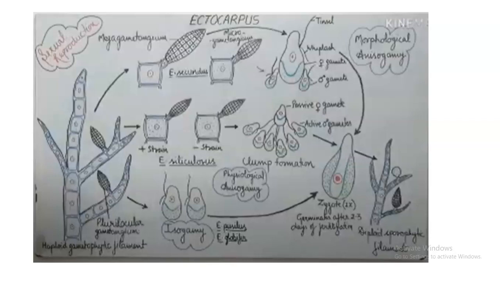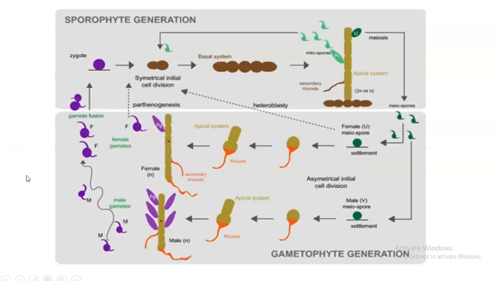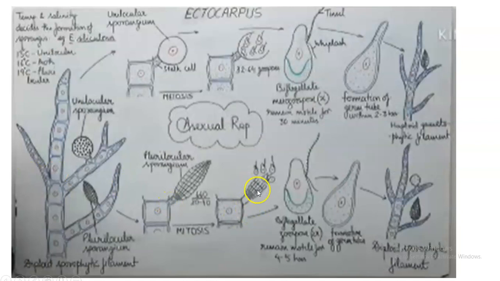Within the plurilocular sporangia, mitosis happens. Then the liberated zoospores will be diploid, okay? Because from the plurilocular sporangia, mitosis happens and diploid zoospores will be formed, and those diploid zoospores we have seen in the asexual reproduction slide. From the diploid zoospores only the diploid sporophytic generation is formed.